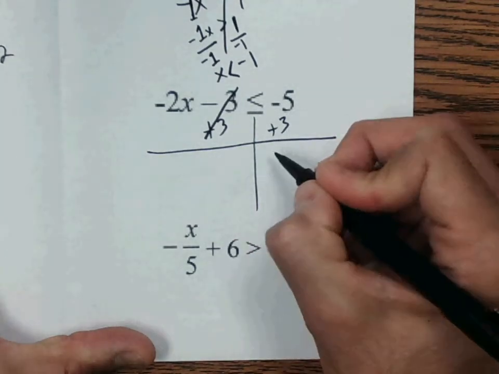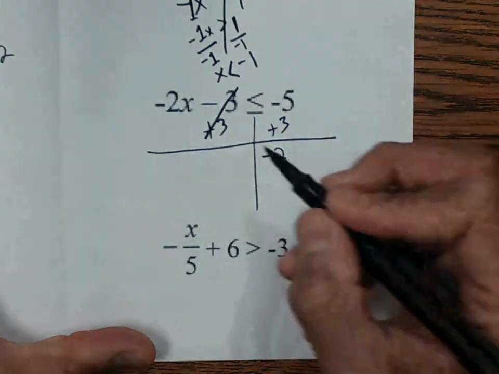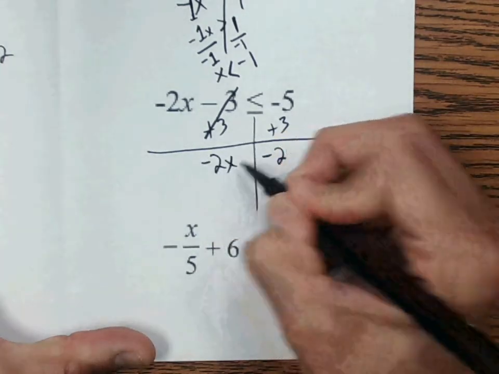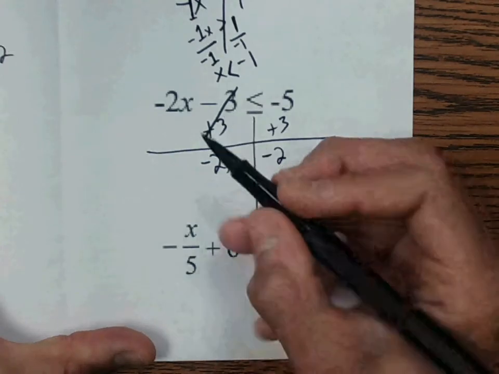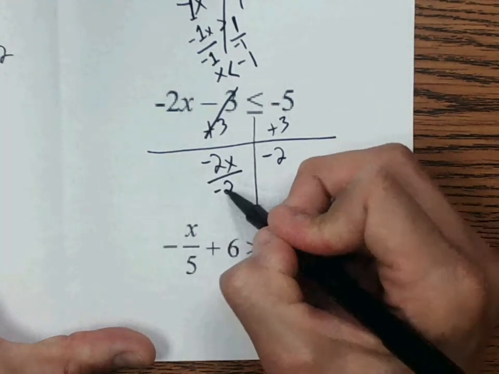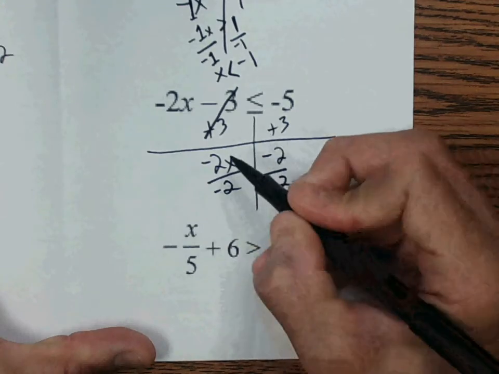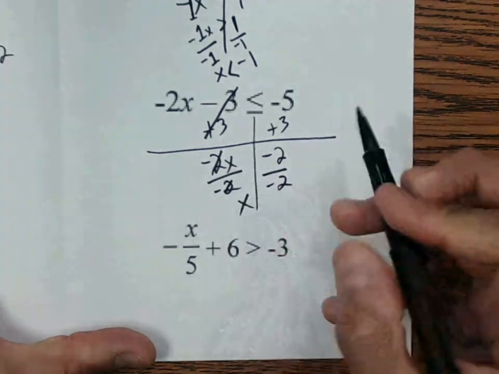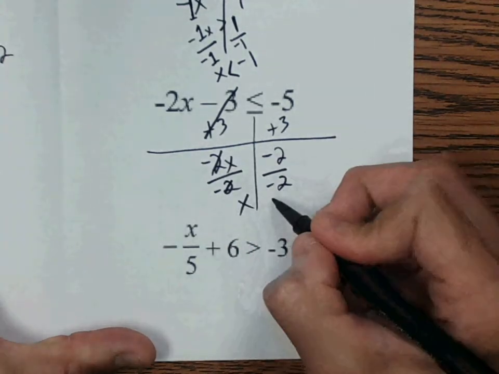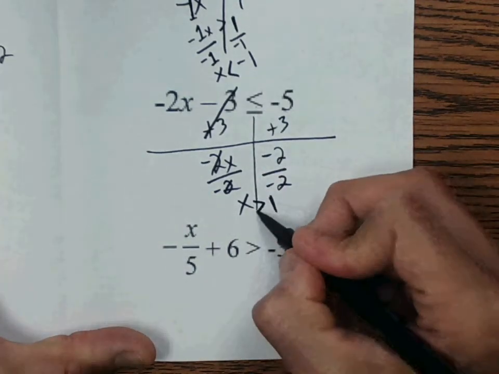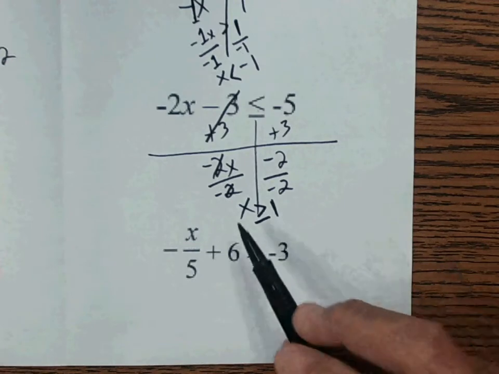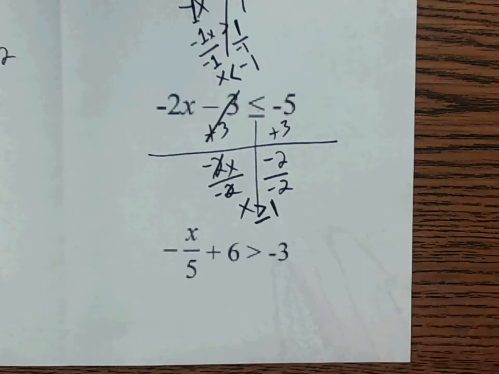So 5 minus 3 is 2, but it's a negative. So negative 2x. So again, how do we get rid of this negative 2? By dividing by negative 2. So negative 2 divided by negative 2, that's going to be positive 1. So my symbol flips to the opposite side. So now x is greater than or equal to 1.